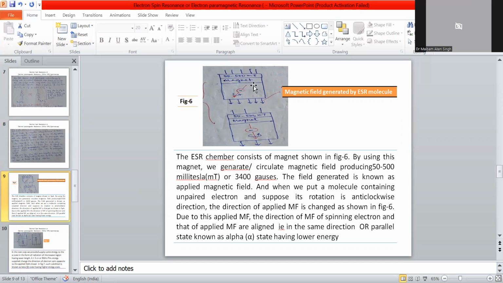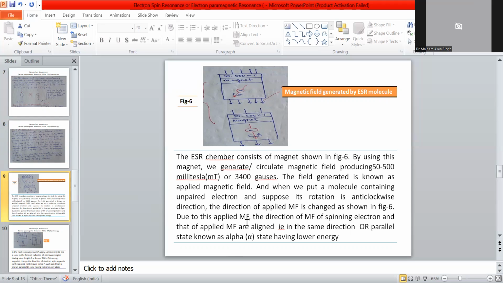From this magnet, a magnetic field is generated with a strength of around 50 to 500 millitesla, or 3400 Gauss. The field generated is known as the applied magnetic field. When we put in a substance containing an unpaired electron, say rotating anti-clockwise, the direction of the applied magnetic field is changed, shown in figure 6.